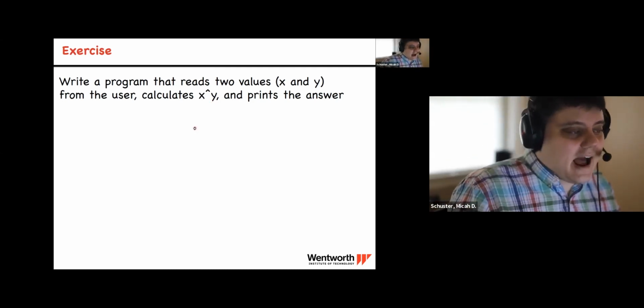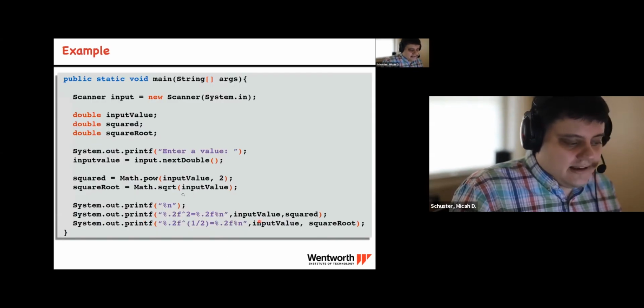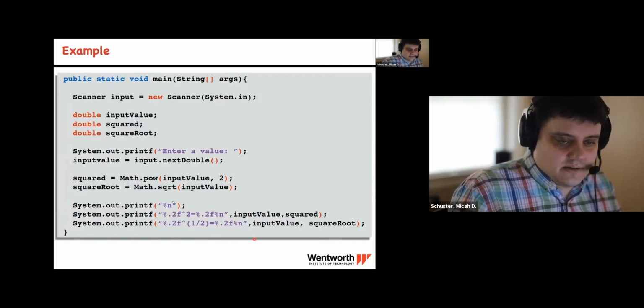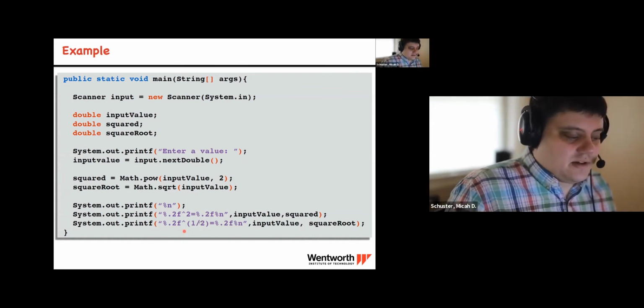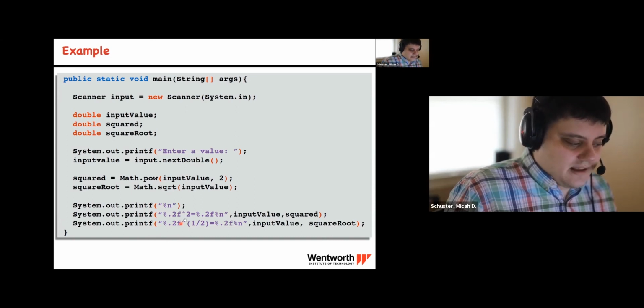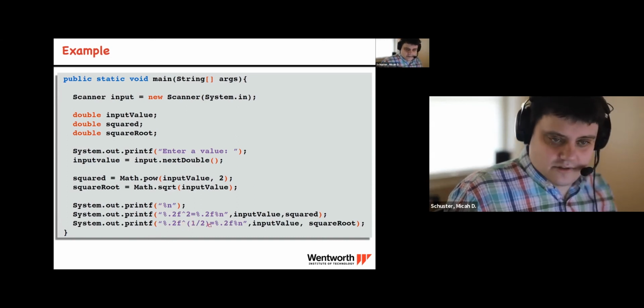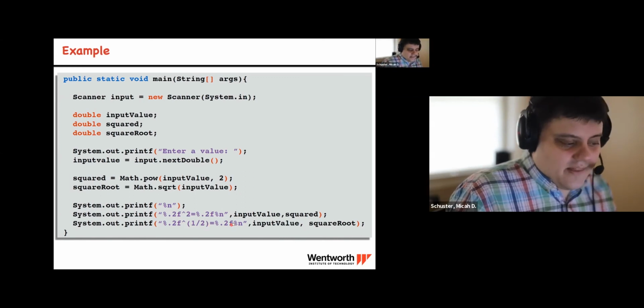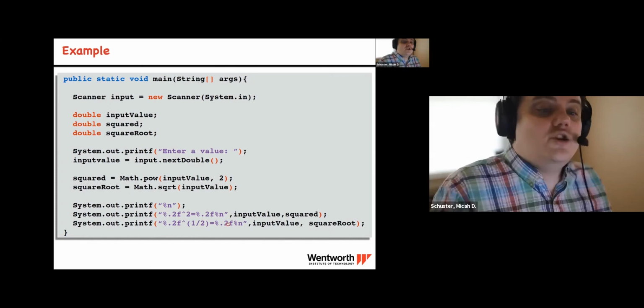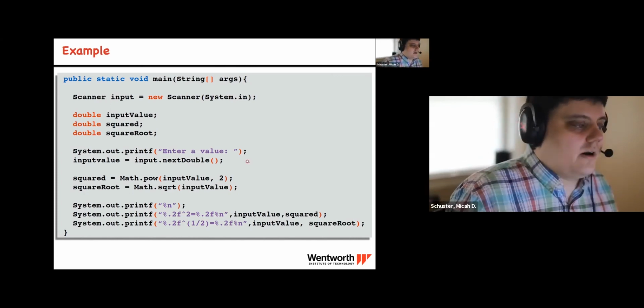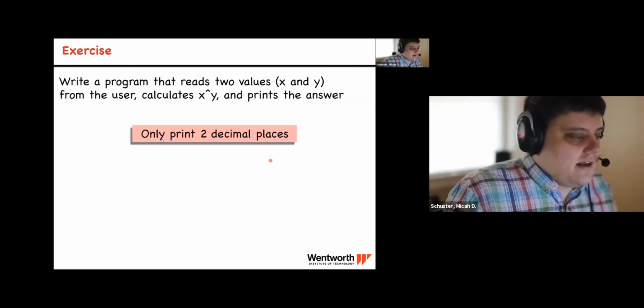You can print it out similarly to the previous example, with just a couple of decimal places. Have some verbatim text, like in this case, a float with 2 decimals, caret to 1/2, so it's like square root, equals, and then a float with 2 decimal places. Print it out in some useful way. That's essentially what I want from this.